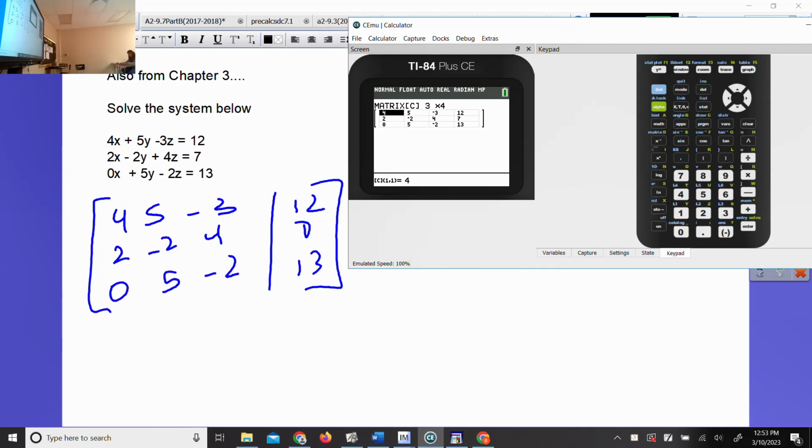Scroll down. Change it to 3x4. Creed, were you able to get that all typed in?